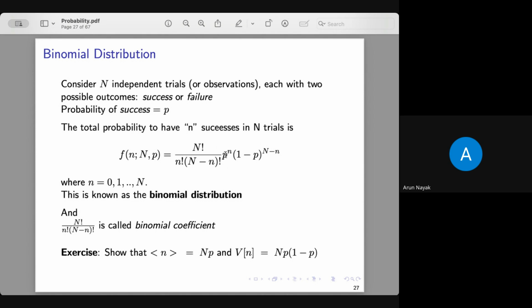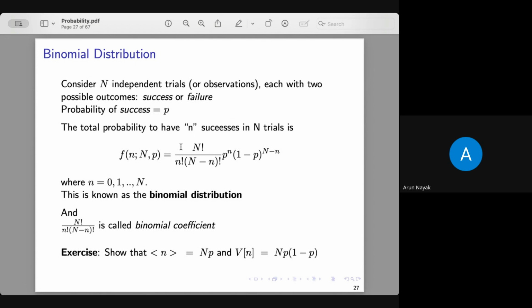But then you have the number of ways you can arrange these n successes out of the total n trials.